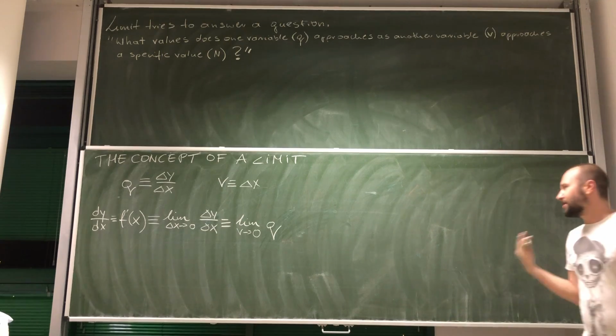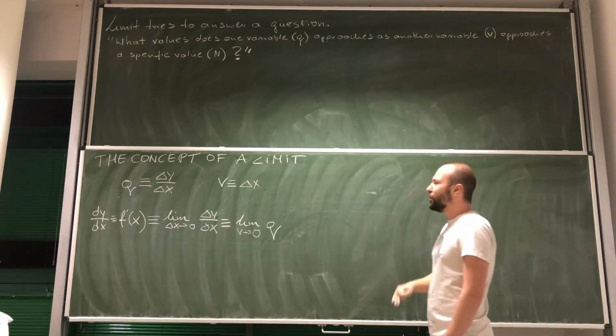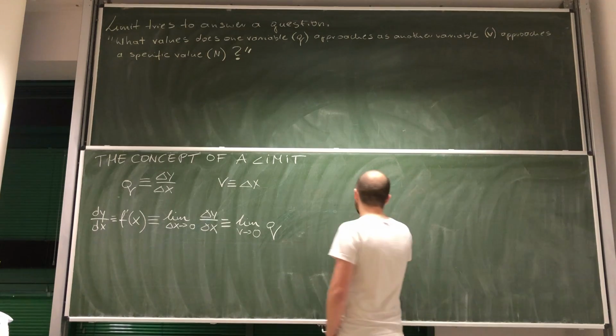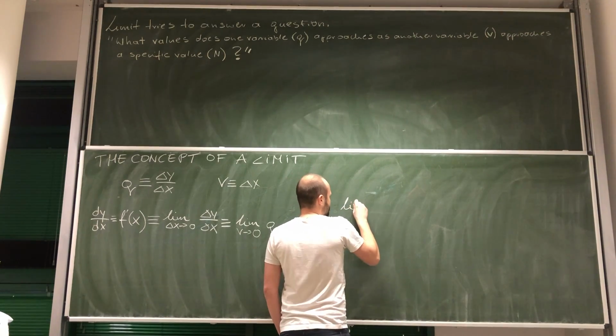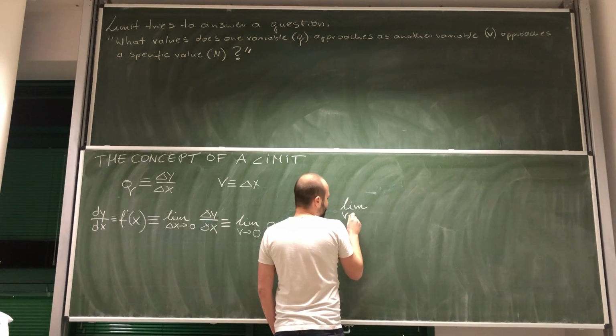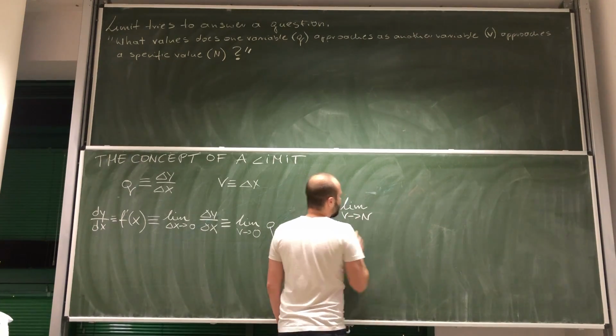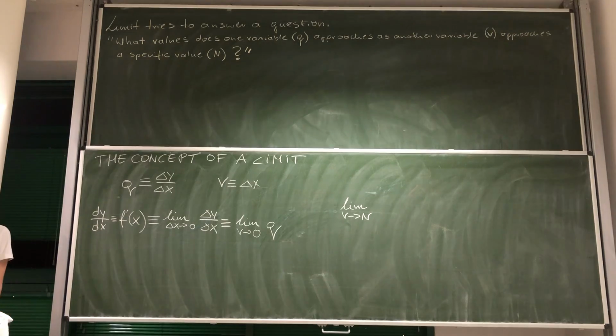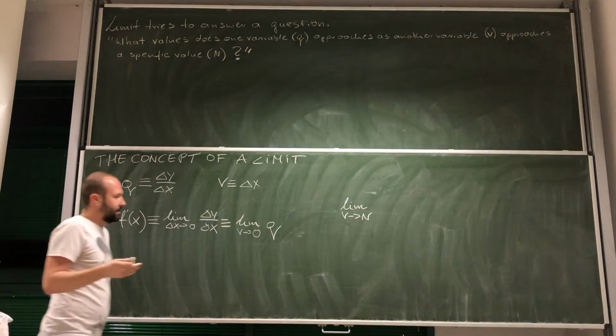Look, when we calculate limits, we use more general concepts. So when we talk about the limit, we think about v approaching some value n, because n doesn't necessarily need to be equal to 0.